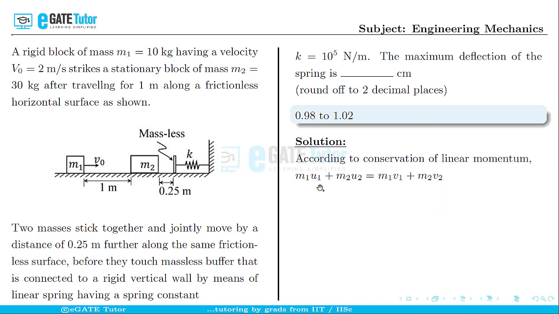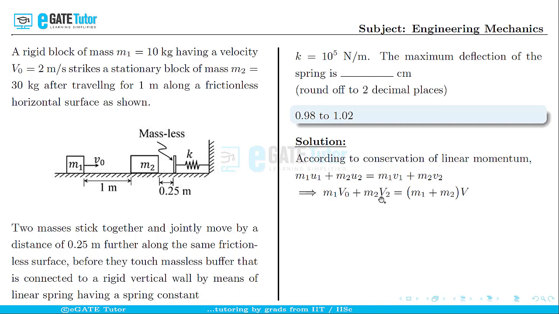Since u1 is given as v0 = 2 meters per second, we rewrite this as m1 v0 plus m2 v2 is equal to (m1 plus m2) times v, because after collision the two masses move as a single unit.